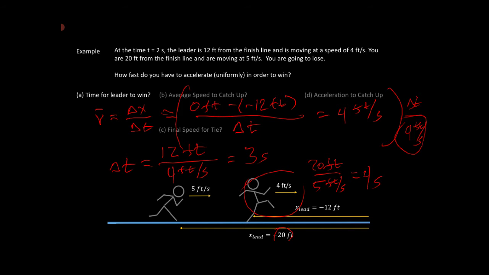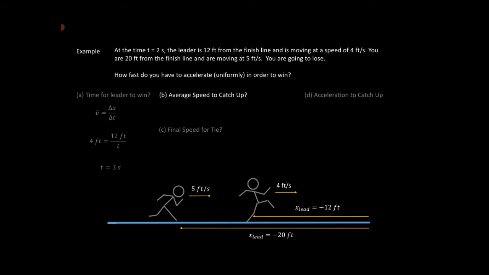So let's see what sort of things we can say about catching up. The first thing is the average speed to catch up. So again, this is going to be the same thing we did previously. V bar is equal to delta x over delta t. The delta x is the 20 feet we were just talking about. Delta t is now the time for the other guy to get there, not the time that you're going to get there in that 20 feet.